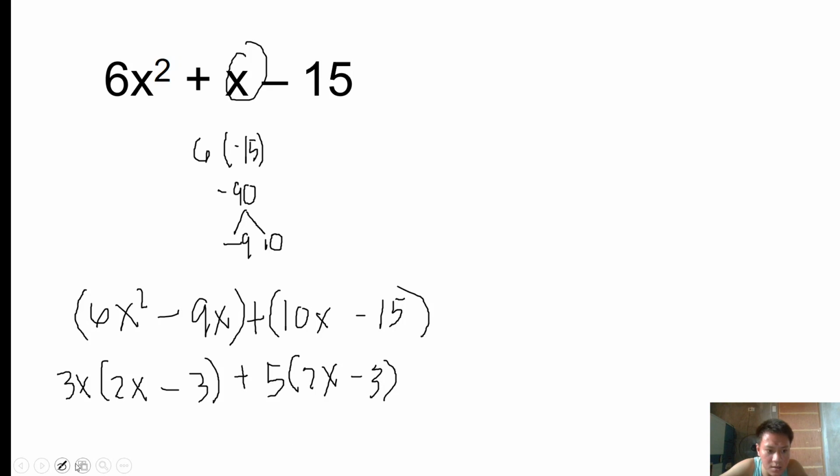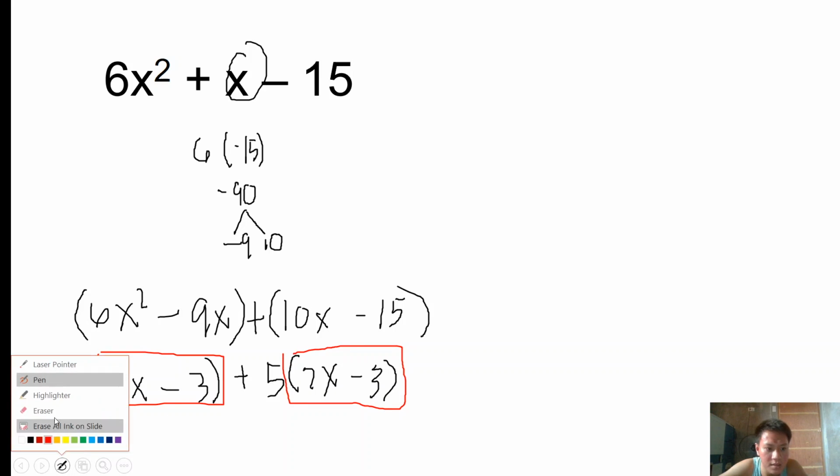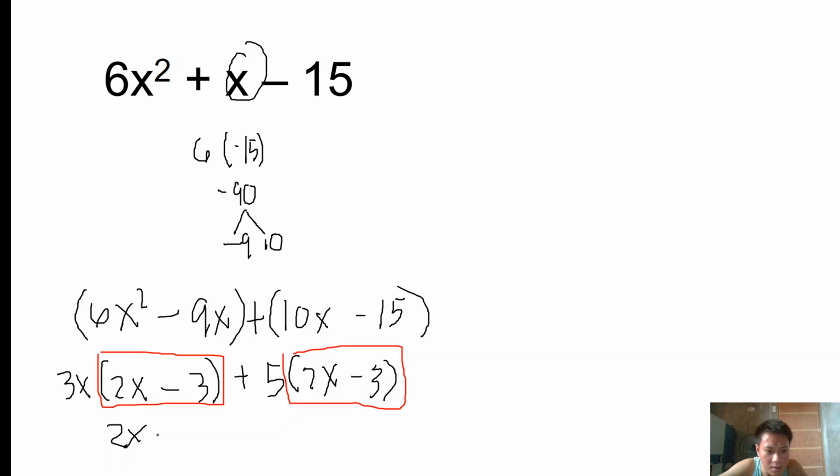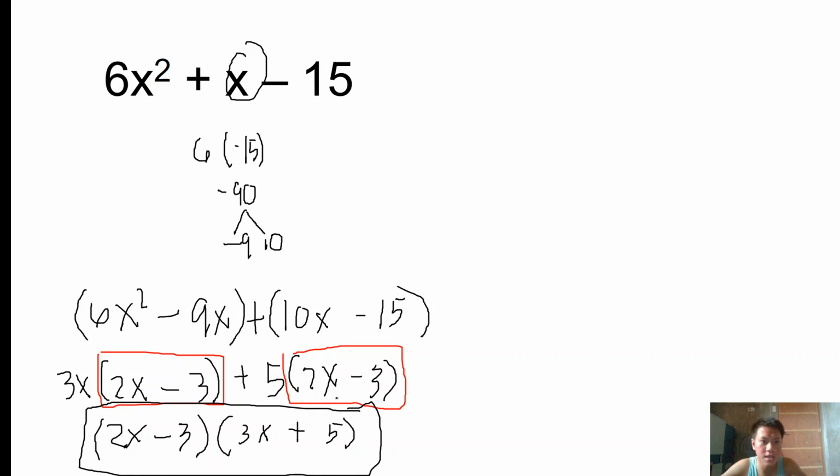Okay, as you can see, meron na siya ulit common factor na 2x minus 3. So, ilalabas lang ulit natin si 2x minus 3. So, magiging 2x minus 3 multiply natin sa natira, which is 3x plus 5. Ayan. So, this is the factor of 6x squared plus x minus 15.